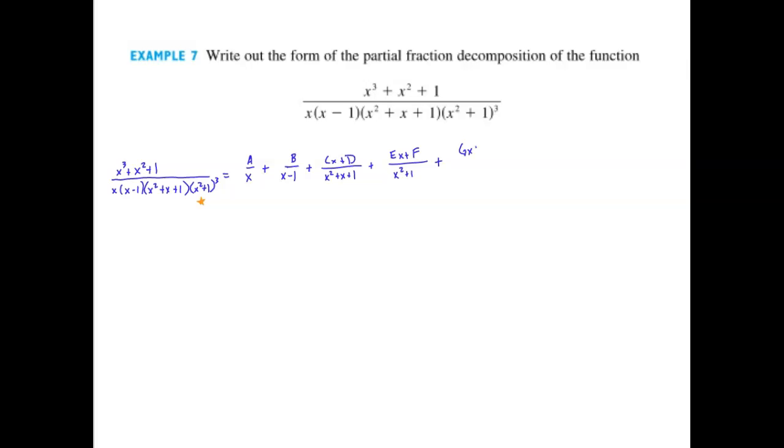So Gx plus H, I agree with that one, over x squared plus 1, but now we do squared. And then what's the last one? Ix plus J over x squared plus 1 cubed. Good. Ix plus J over x squared plus 1 cubed.